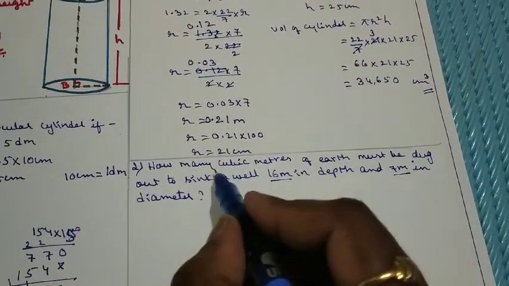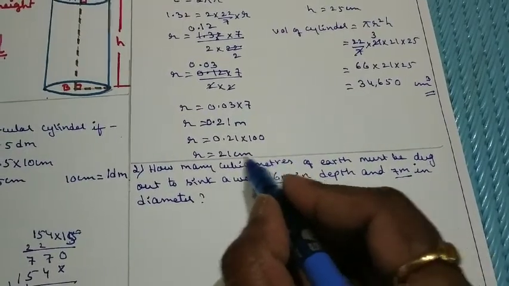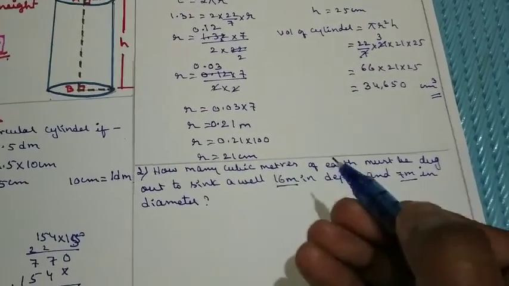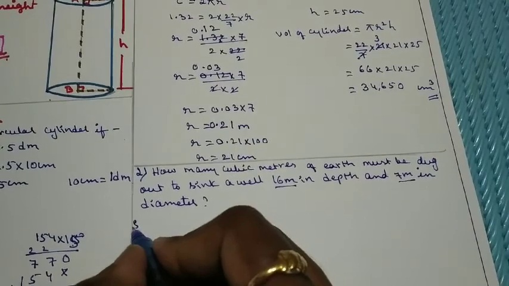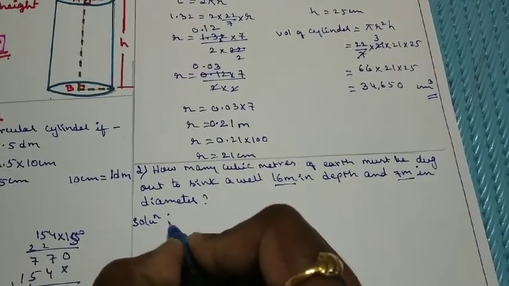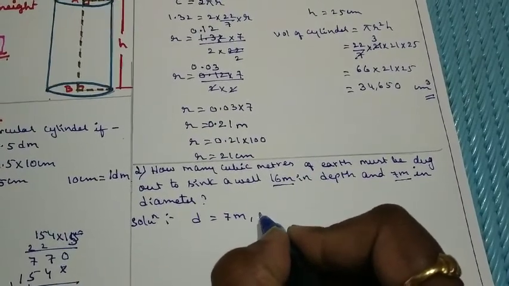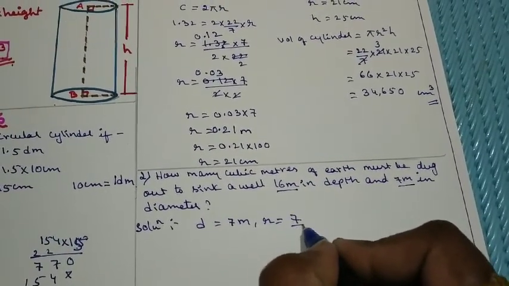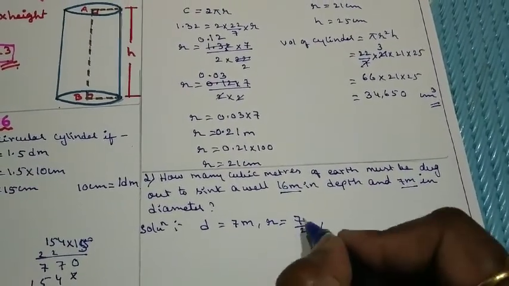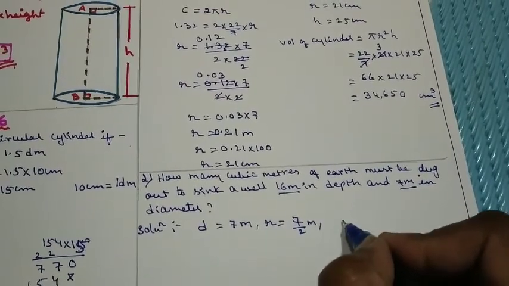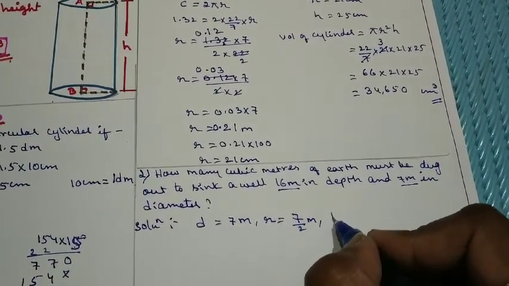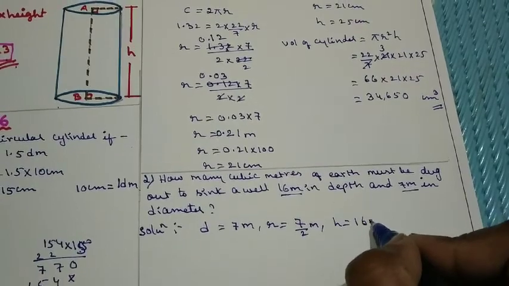He is asking how many cubic meters. Cubic meters is nothing but meter cube, which is the volume concept. So diameter equal to 7 meter, then radius becomes 7 by 2. Don't convert into decimal, keep it as it is, and the unit is meter, and height is given as 16 meter, depth in the sense height.